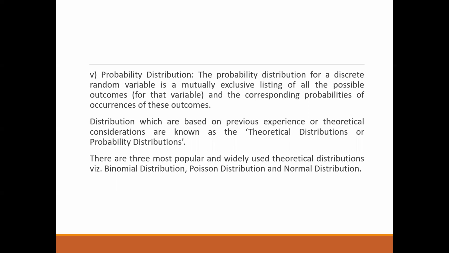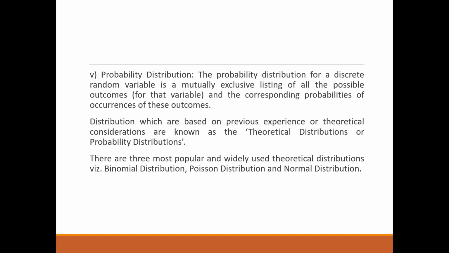Now let us understand the first one, that is the binomial distribution. As the name indicates, binomial means any experiment where only 2 possible outcomes are there. For example, the tossing of a coin: we know that either head will occur or tails is going to occur. So this is a part of the binomial distribution.